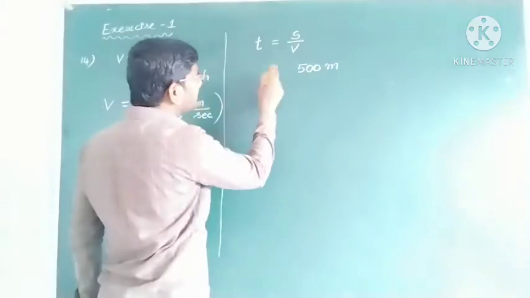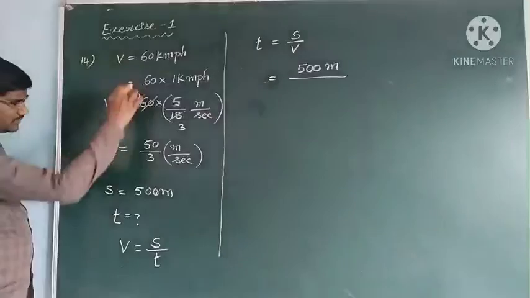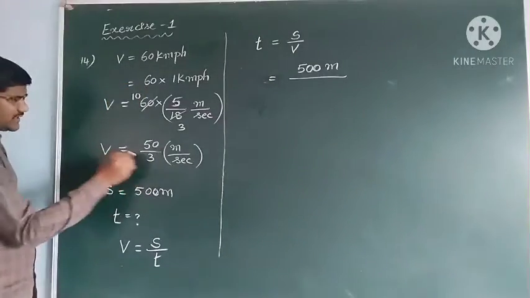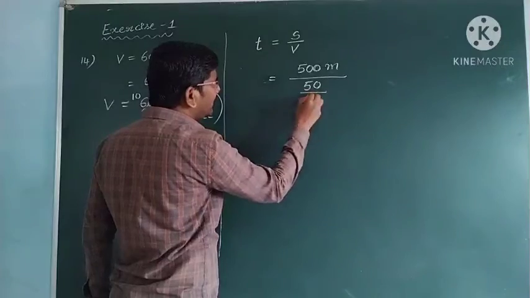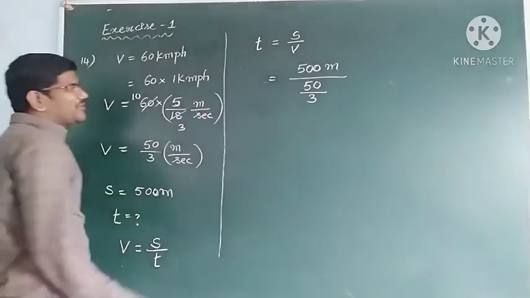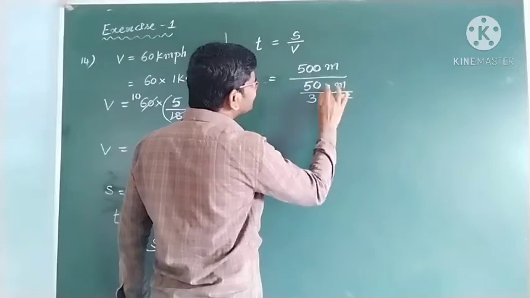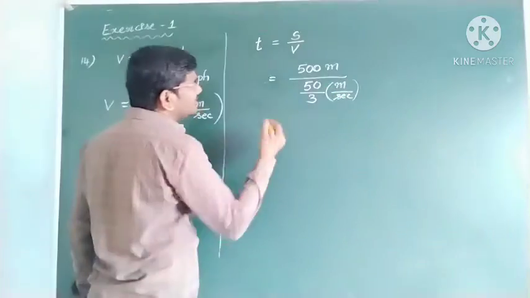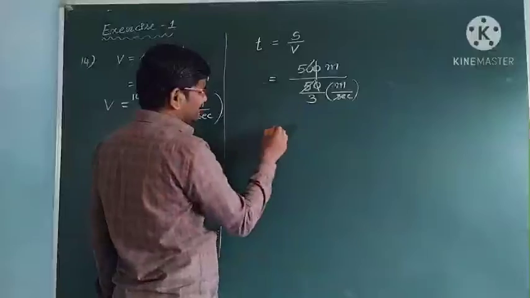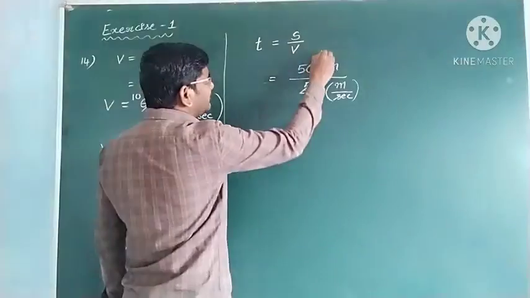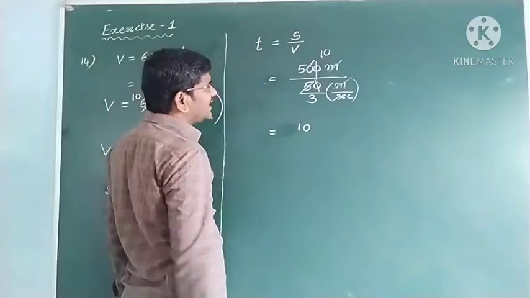And speed is in kilometer per hour, we converted that into meters per second. So that is how much, children? 50 by 3 meters per second. Okay, then the zeros get cancelled, 5 times it gets cancelled, 10, and meter also gets cancelled.